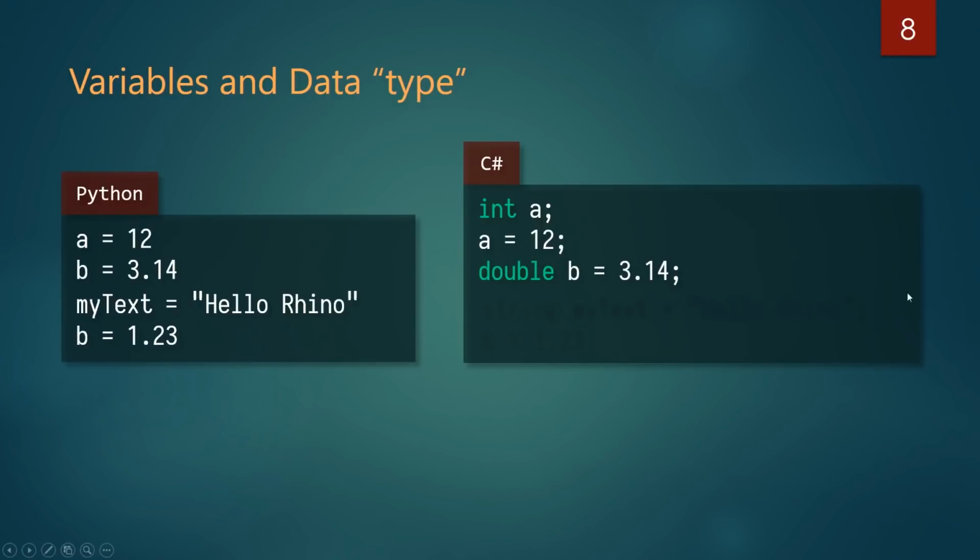Now you can do the declaration and the initial value assignment in one line. This is another variable. This time we store a decimal number, and in C# a decimal number is called a double, okay? So int is for integers, but if you want to store a decimal number, you have to say double.